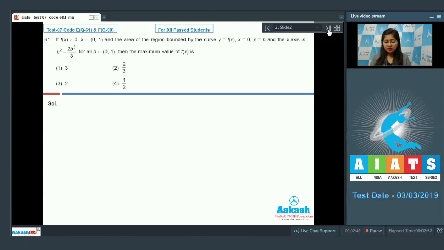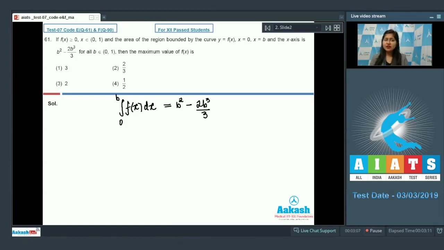So from the given statement we can say that integration of f(x) dx from 0 to b is equal to b square minus 2b cube upon 3.